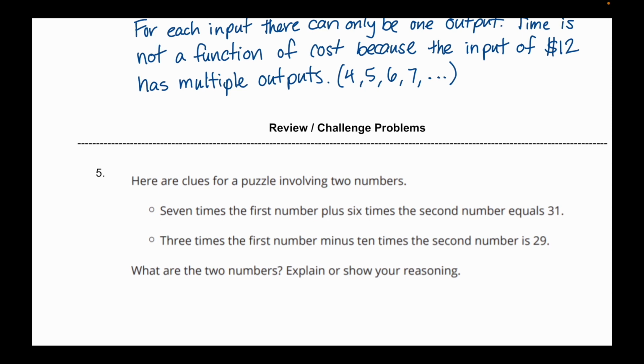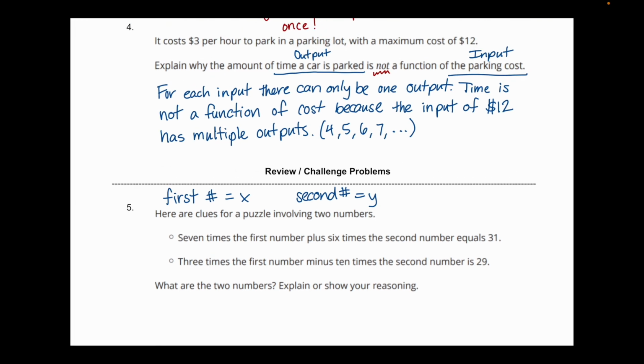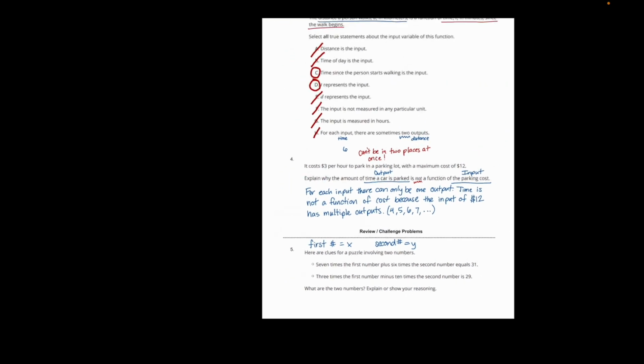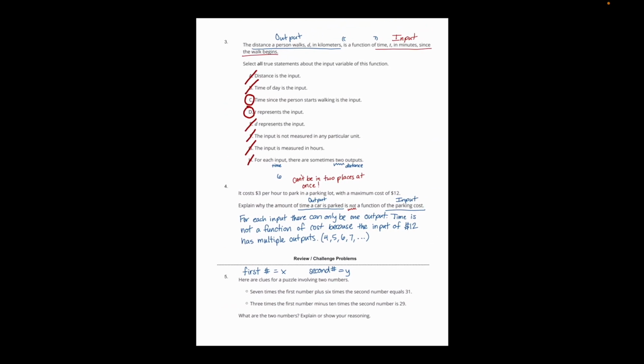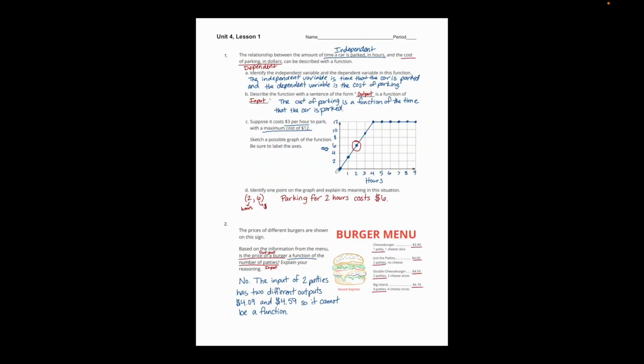So for the first number, I might call it x, and my second number y. And that should help you out in trying to figure something out with this one. But yeah, that is the end of our homework. We had 2 pages, or 1 page front and back, for Unit 4, Lesson 1.